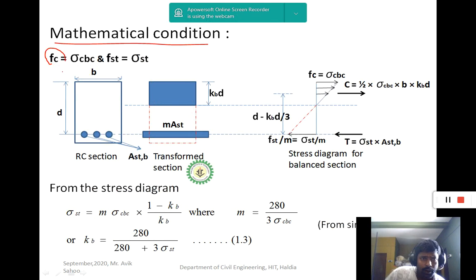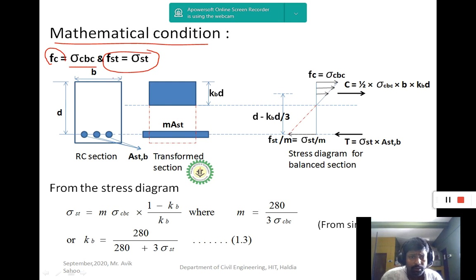When the topmost fiber reaches the allowable permissible flexural stress, the allowable bending stress, and the steel also reaches the allowable permissible stress, at that time the section is called a balanced section.